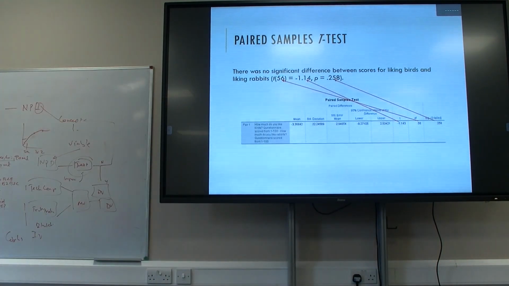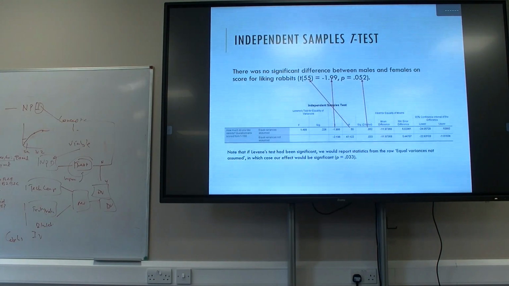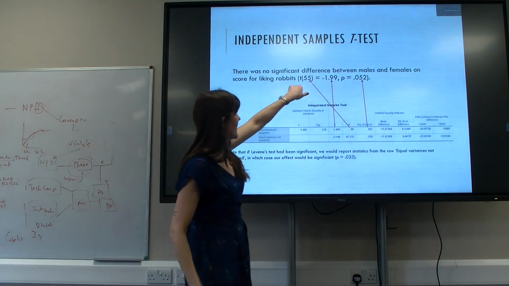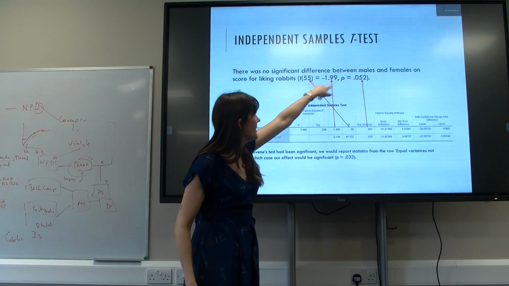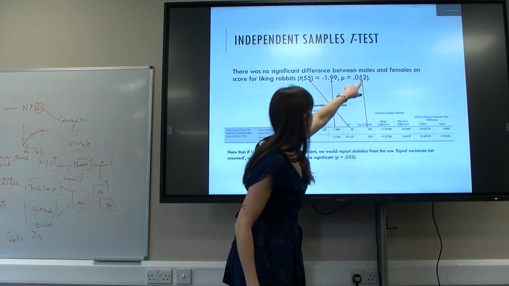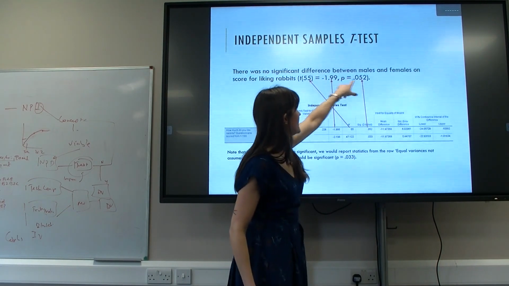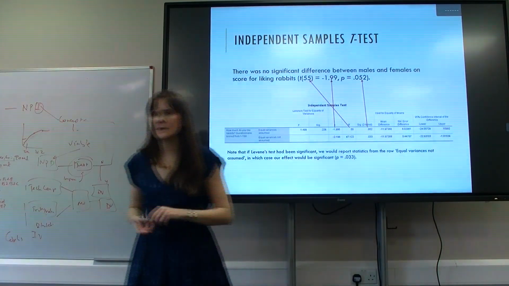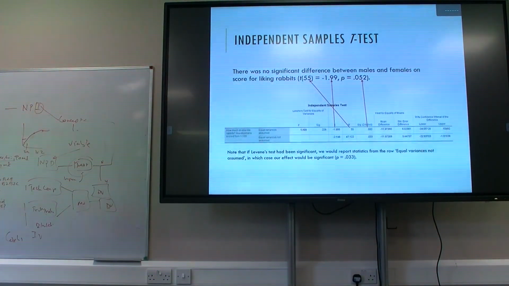It's very similar for the independent samples t-test, the format is exactly the same: t, then your degrees of freedom, your t statistic to 2 decimal places and your p-value to 3 decimal places. So be very precise with the italics and the spacing when you're reporting in APA style.